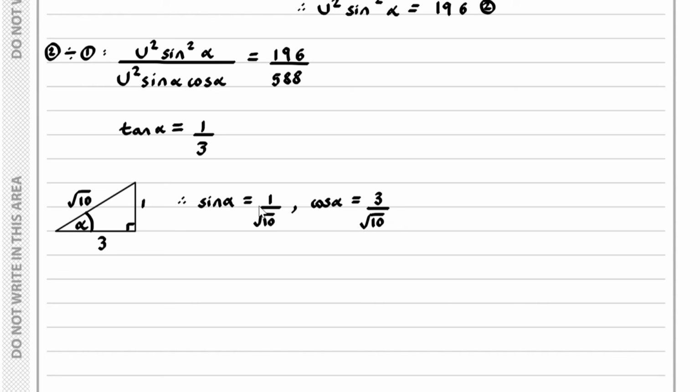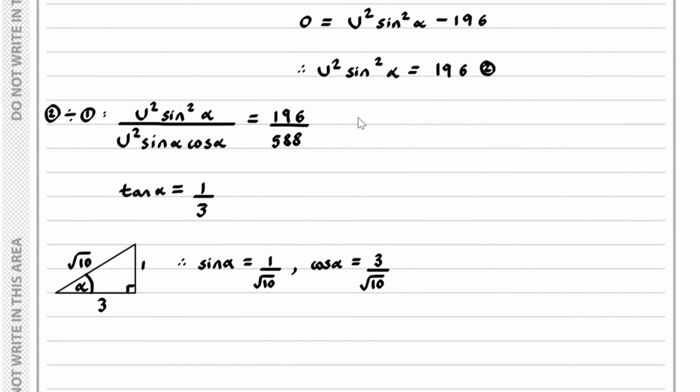And now, what we can do is substitute into equation 2. So, we've got u squared multiplied by sine squared, so that will be 1 over root 10 squared.